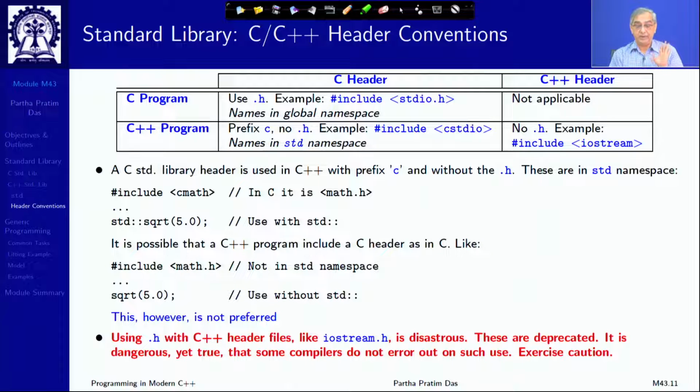Do not put that .h, and the pure C++ standard library headers do not have the .h. So, it is iostream simply, not iostream.h. Be very careful about this, because in older versions the .h extension was there in the standard library. So, if you are using a little old system, it might have some iostream.h header available somewhere in the corner. If you use that .h, that wrong old file will be used. So, remember: in C, standard library headers will always have .h. In C++, standard library headers will never have .h.